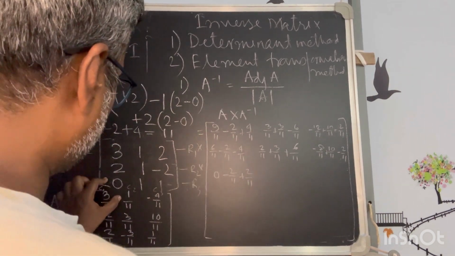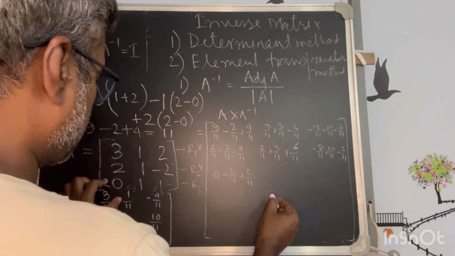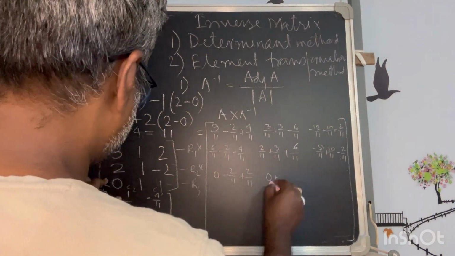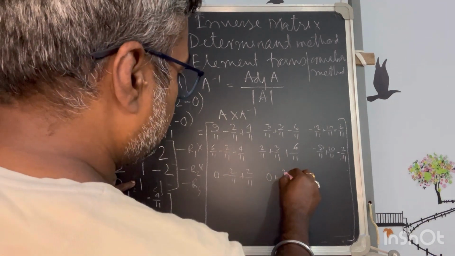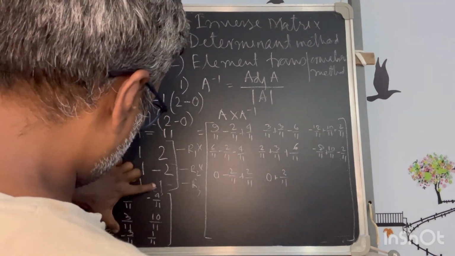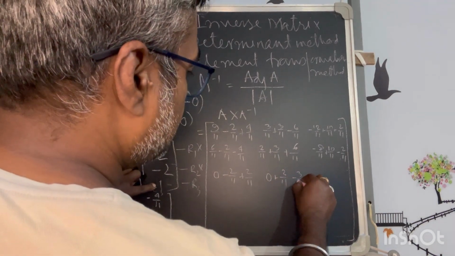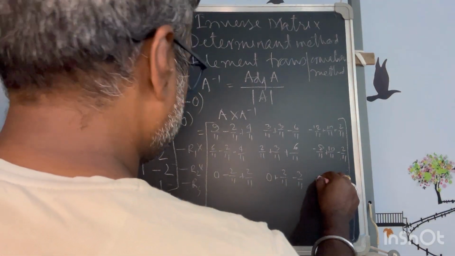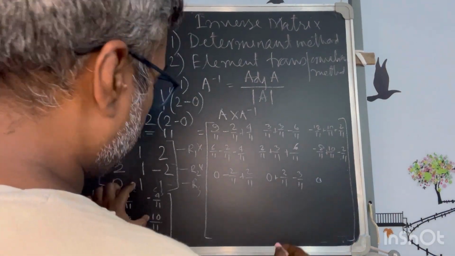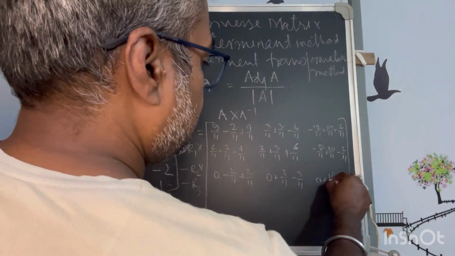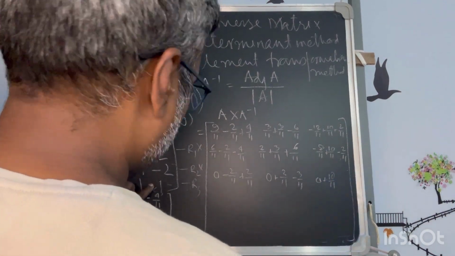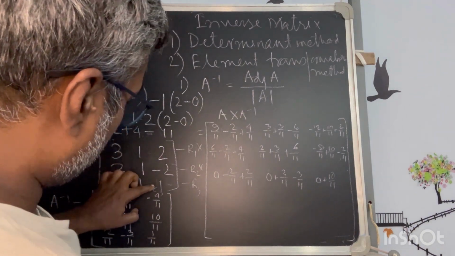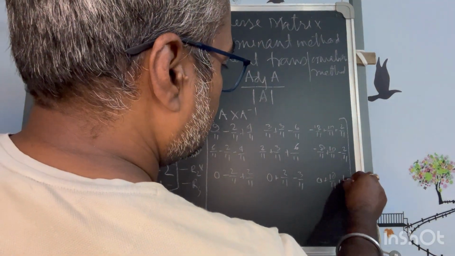Then second row, third column, that is 0, sorry, plus 1 into 3 means 3 by 11, and 1 into minus 3, that is minus 3 by 11. Last one, 0 into this 0, 1 into this 10 by 11, and this is plus 1 by 11.